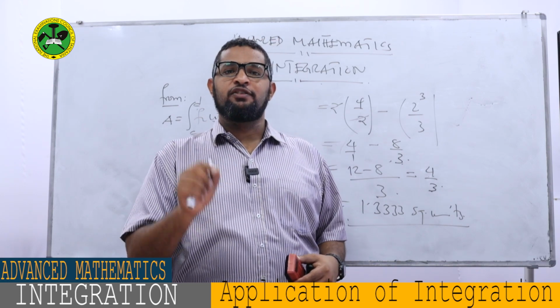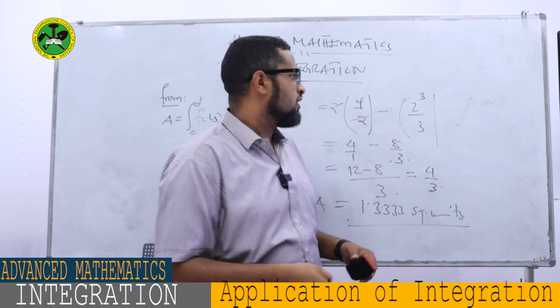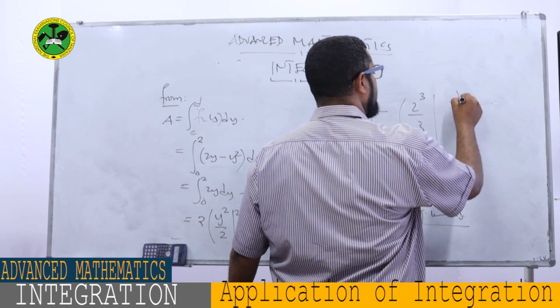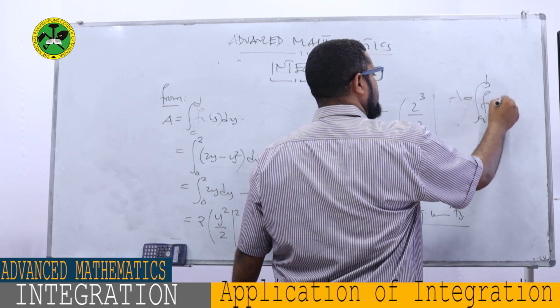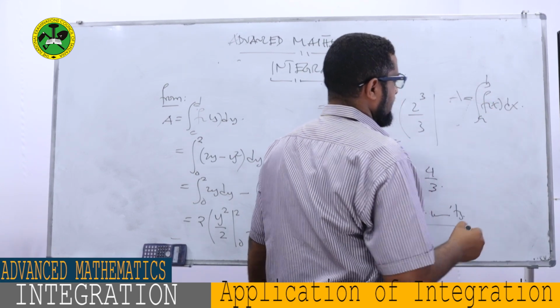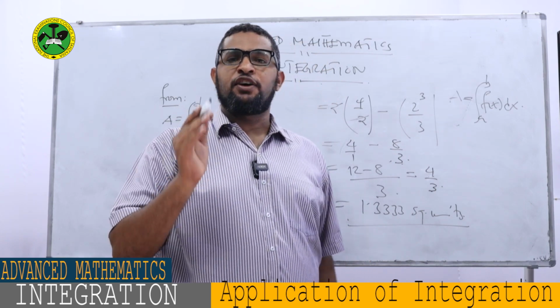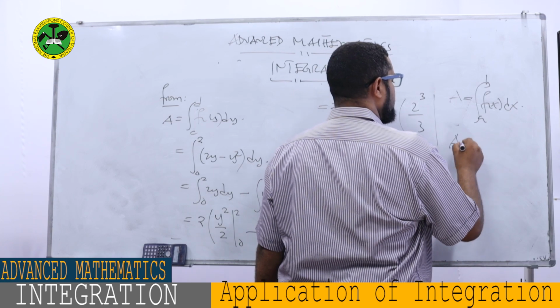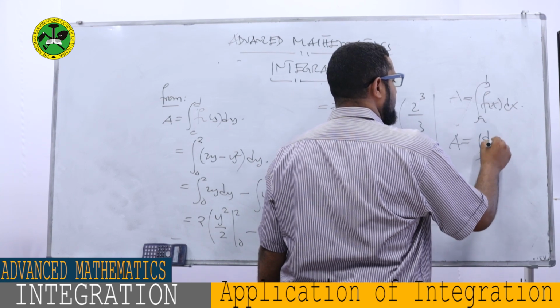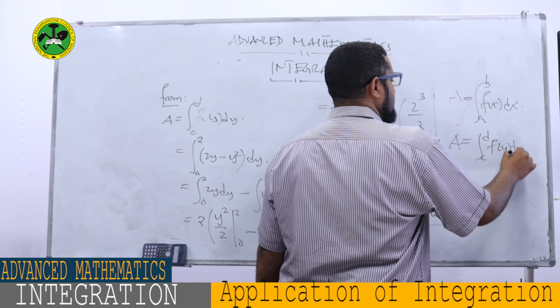If it's drawn against the x-axis, or the horizontal axis, the formula to be used is the area from a to b, f of x dx. But if it's against the vertical axis, the y-axis, the formula to be used is from c to d, f of y dy.